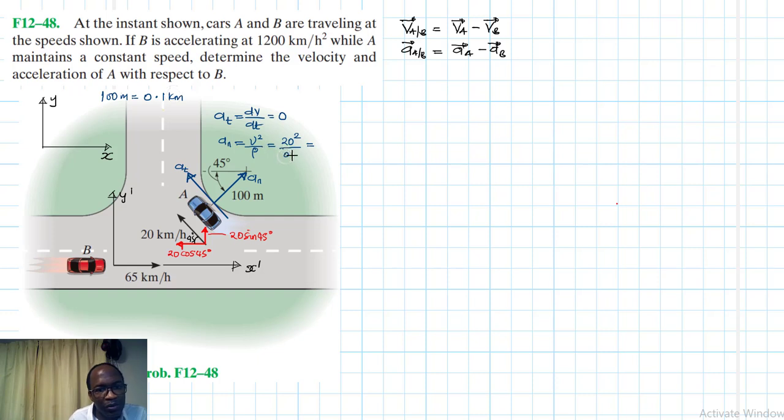So we have 20 squared divided by 0.1. This gives us 4,000 kilometers per hour squared.